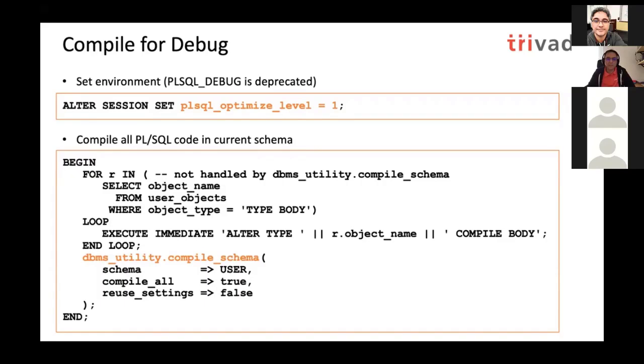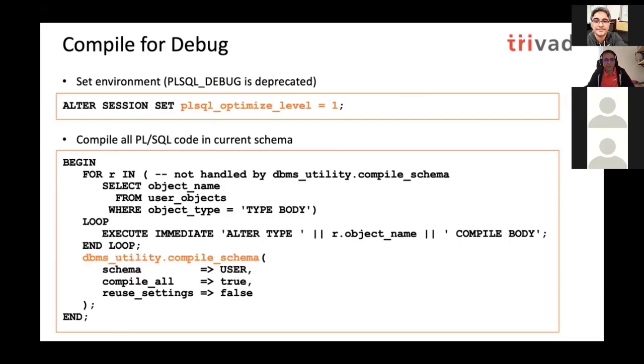Important to mention is also there is an old setting called PLSQL_DEBUG, and it's deprecated. It's really from the old times where PLSQL_DEBUG was a Boolean value. It was true or false. And true or false is nowadays not enough, because we have 4 levels, and that's the reason why this parameter is deprecated. So if you want to use the full range of optimization levels, you have to use PLSQL_OPTIMIZE_LEVEL.